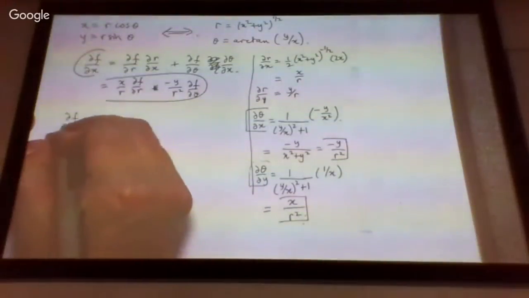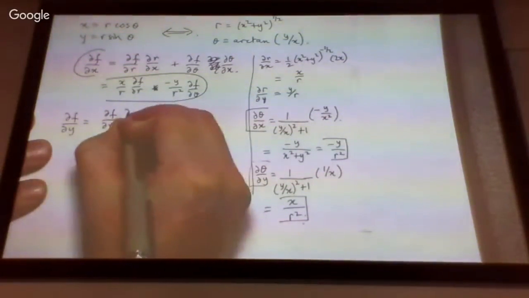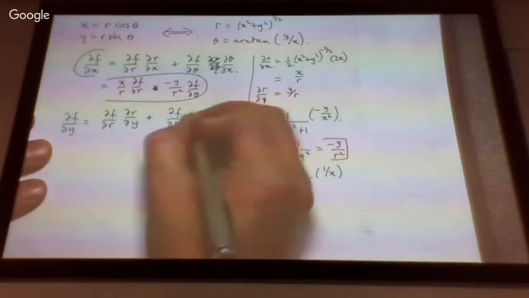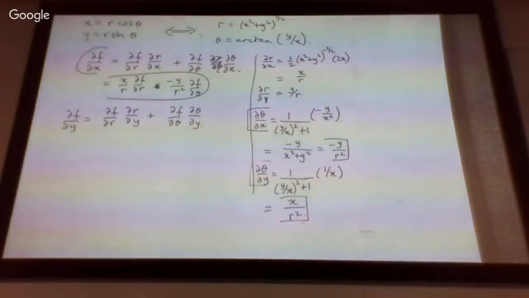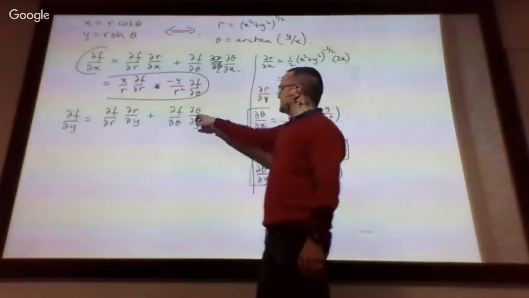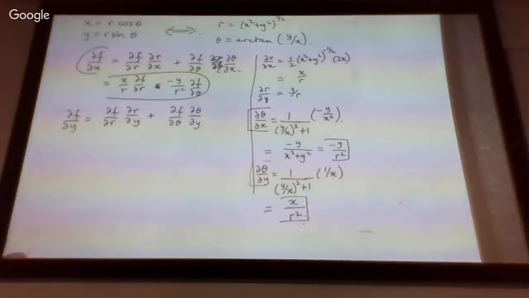Then df dy, by the chain rule equation, is df dr, dr dy, plus df d theta, d theta dy. So the dr dy and the d theta dy I take from the right-hand side there. I've just worked those out.